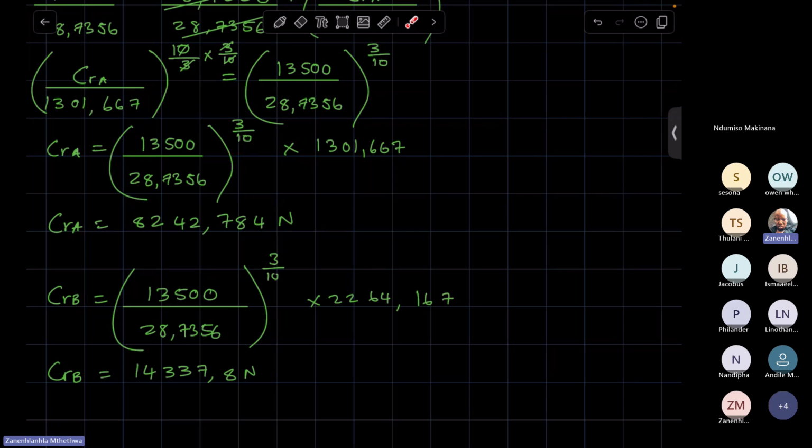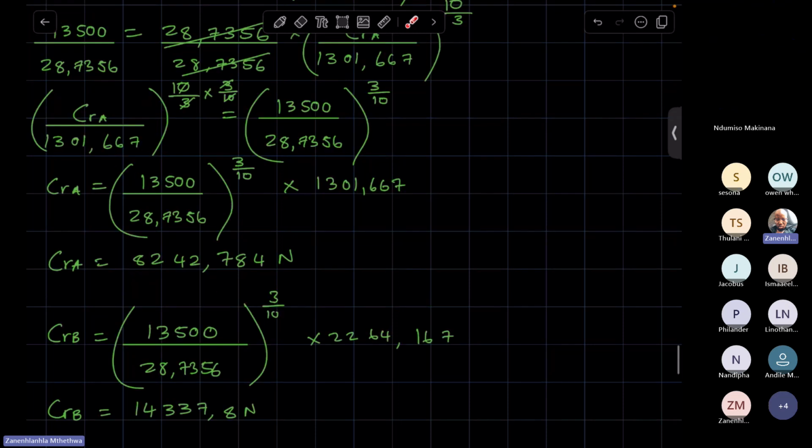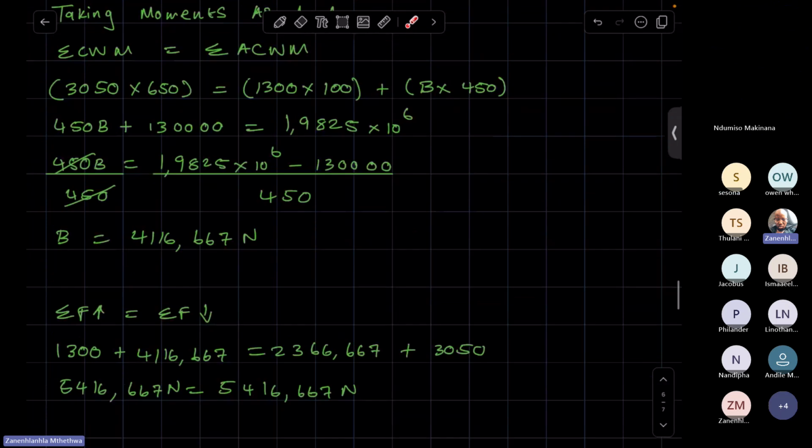So during the calculation, you can round off to more than 3 decimal places. The final answer, though, must always be rounded off to 3 decimal places. Are we clear here? Yes, sir. Beautiful. Let's look at the next question.